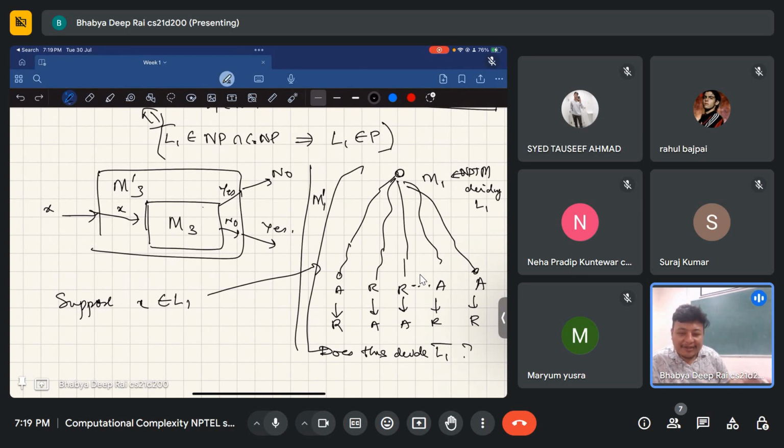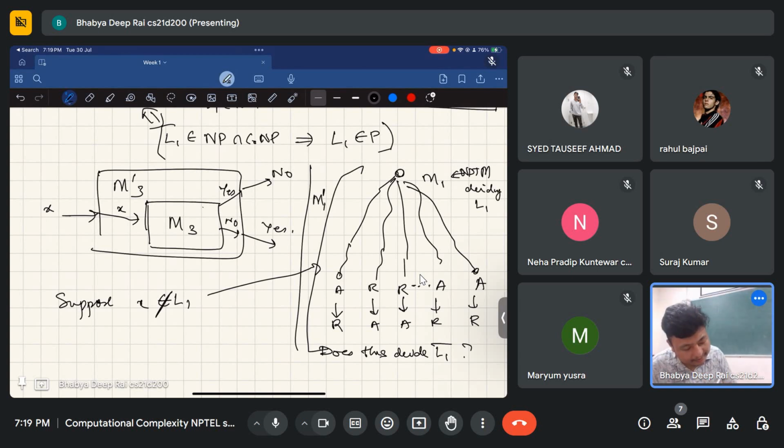I just complemented the output. So if X is in L1, fine. I want to show that it's not in L1 bar, right?